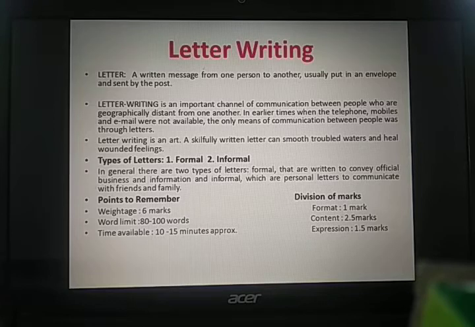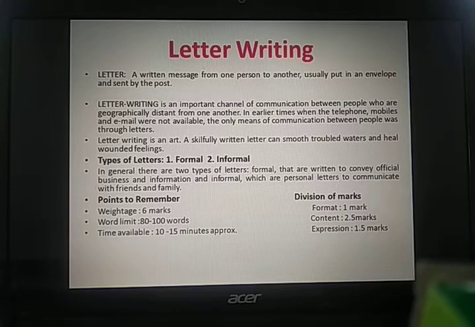But in earlier times, when they were unavailable, letter writing or sending messages through letters was in vogue, was in fashion. Letter writing is an art. A skillfully written letter can smooth troubled waters and heal wounded feelings. You can understand, if the letter is written skillfully, properly, then it can give pleasure, it can heal the wounded feelings, it can remove the trouble of the other person.